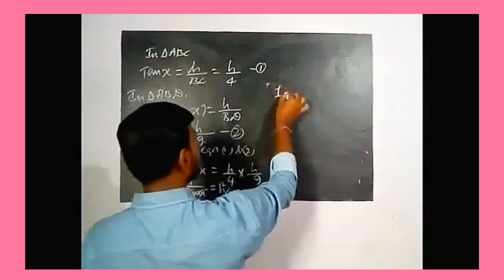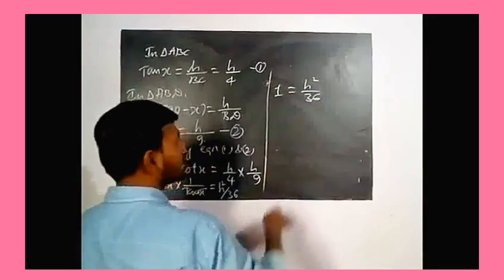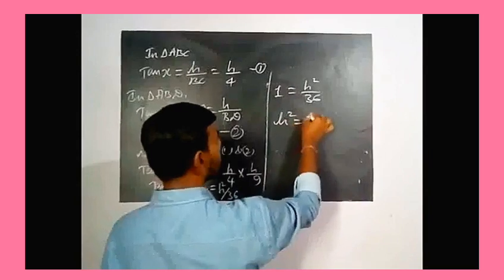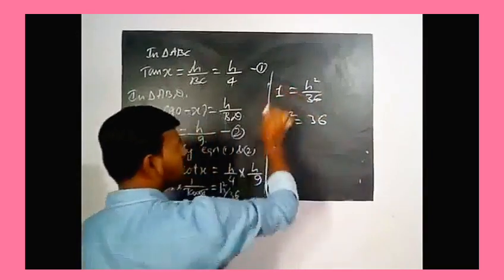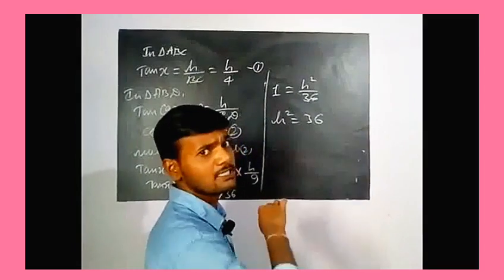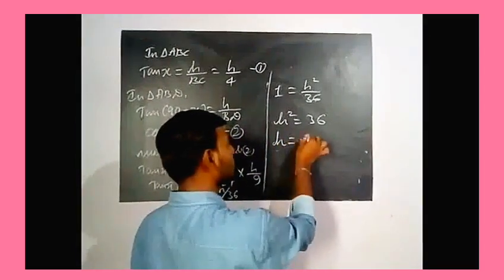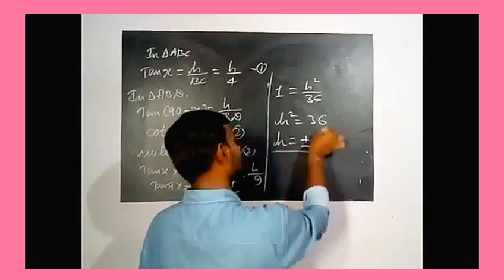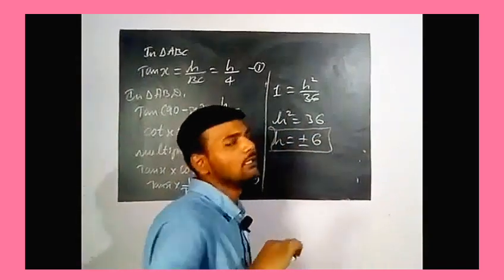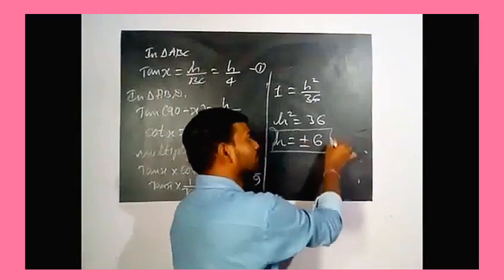That means 1 is equal to h square by 36. Then h square is equal to 36. Then taking the square root on both sides, we get h is equal to plus or minus 6. Hence we prove that the height of the tower is 6 meter.